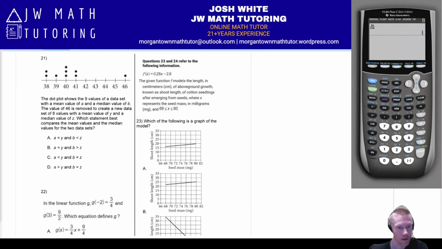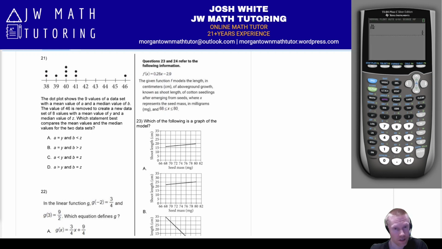Next up, we have problem number 21. Here we have a dot plot, and they're basically asking us to compare the values of the mean and median for the original 9 values, and then a new set of data with the 46 taken out. So for the mean, or for the average, if you look at these values, notice they're mostly between 38 and 41, except for 46, which we would probably technically classify as an outlier.